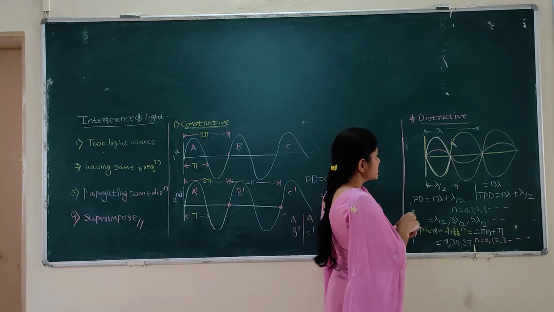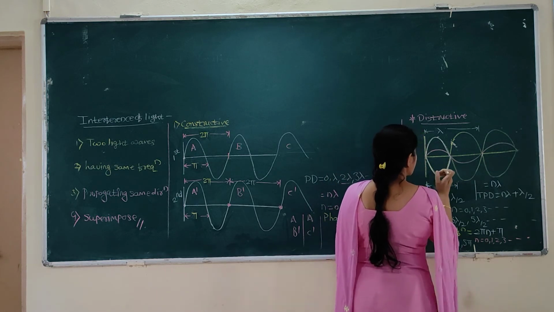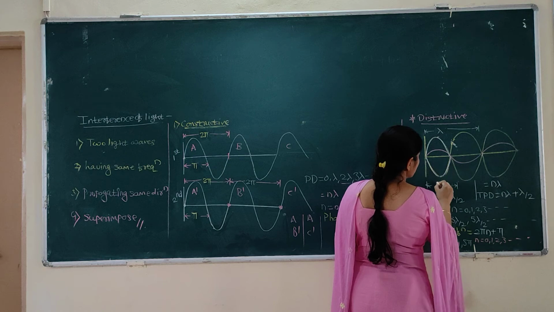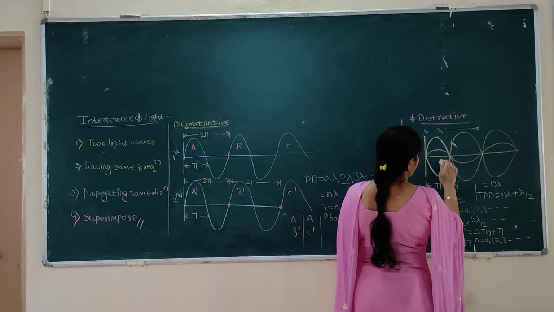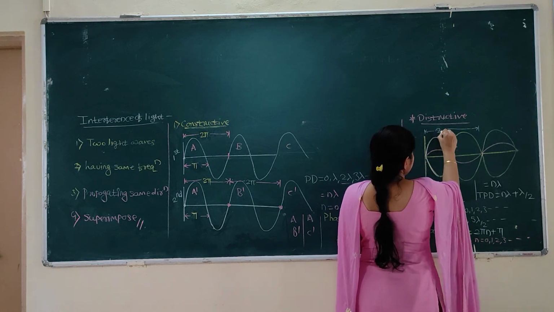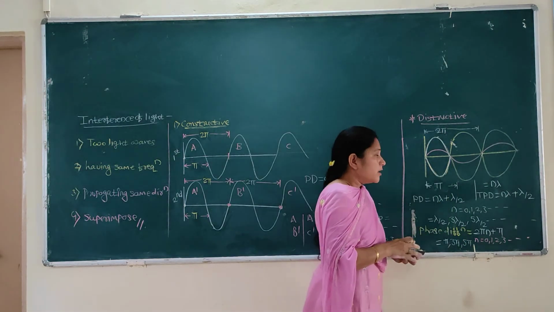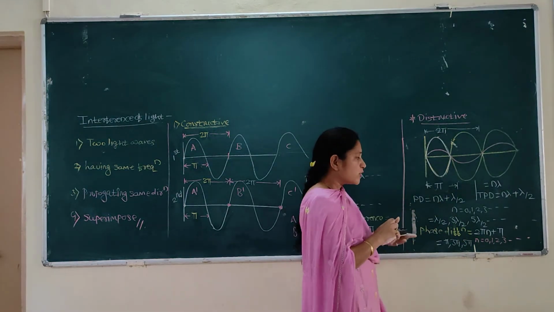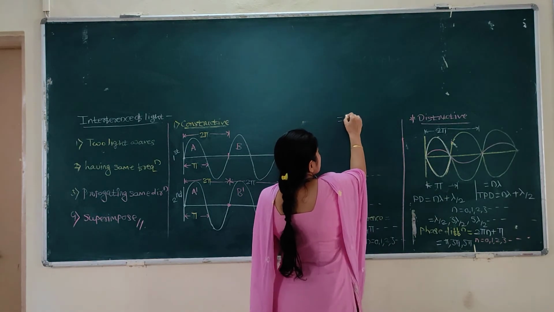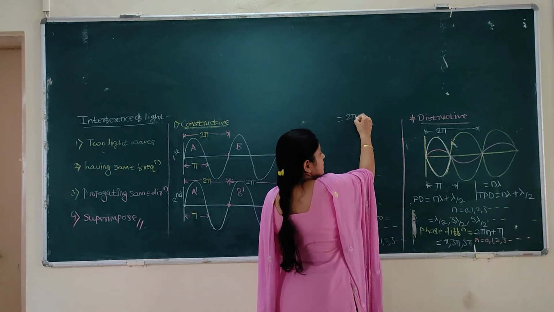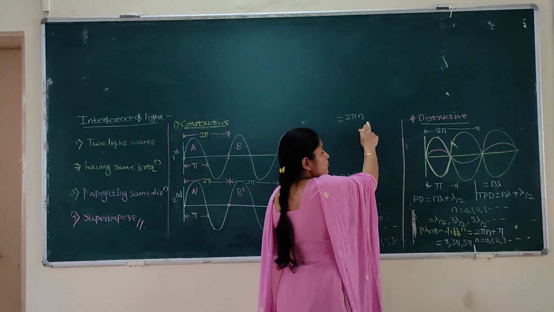Okay, now we discuss the phase difference. If we see this figure, it is observed that the phase difference between the two waves is pi, and the optical phase difference is 2 pi. Now for n number of waves, what can we write? 2 pi n. So this is for n number of waves.